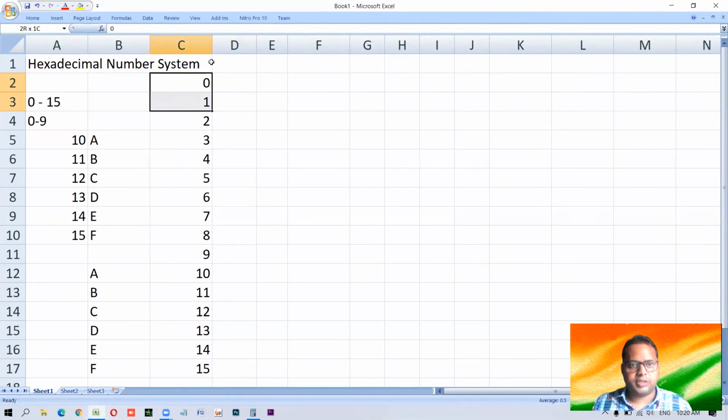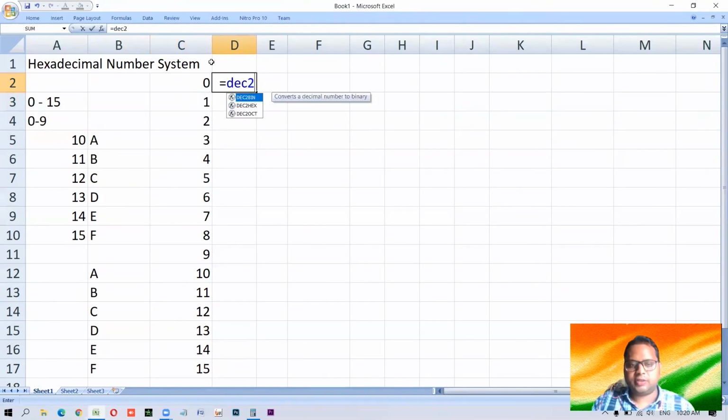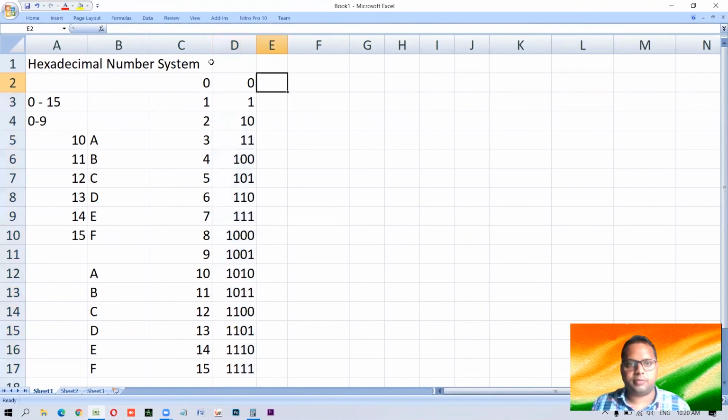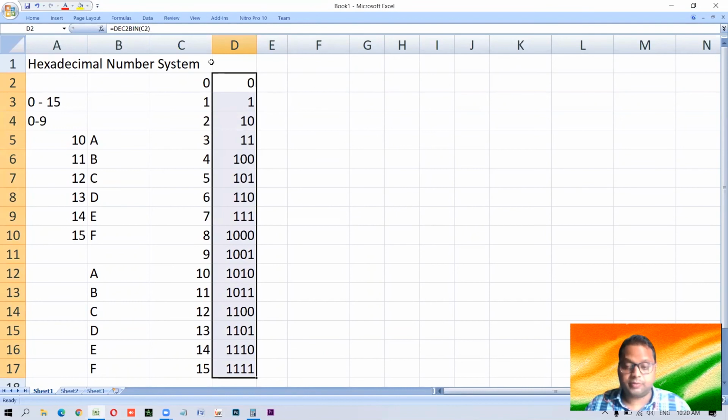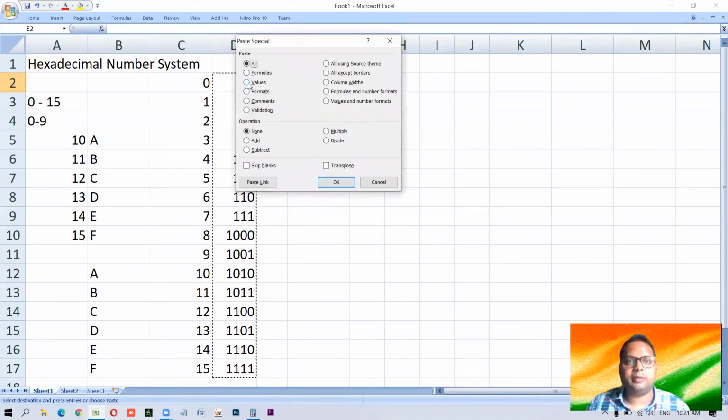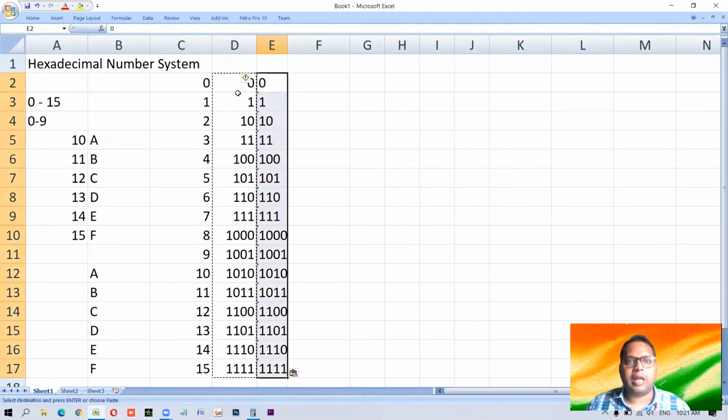First, we'll convert all these numbers to binary. That we can do with this function or by using the formula that I've told you, the function or the addition way. This is the foolproof technique where there is no chance of mistake. Now, since they are not all in groups of 4 digits, we'll copy it, then right click over there, go to paste special and select values and press OK. These contain formulas, but these contain only values.